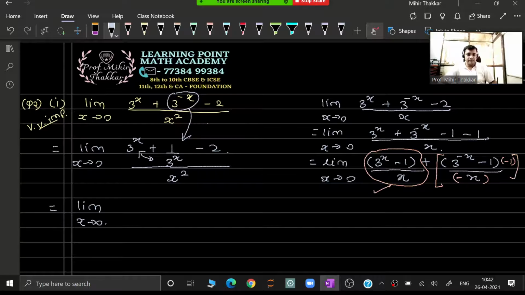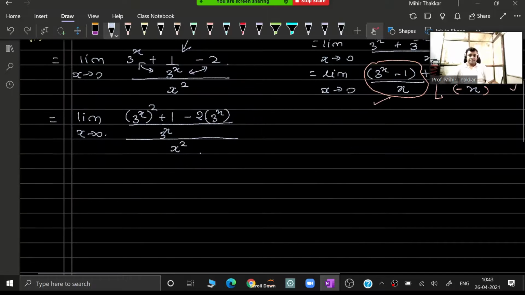If I multiply these both numbers, I get 3 raised to x square plus 1. Obviously this will get multiplied with minus 2 also. So 2 into 3 raised to x whole divided by 3 raised to x upon x square.